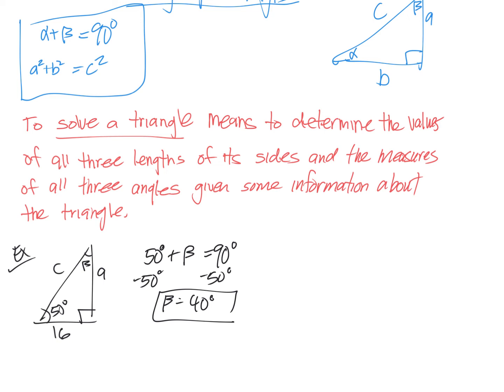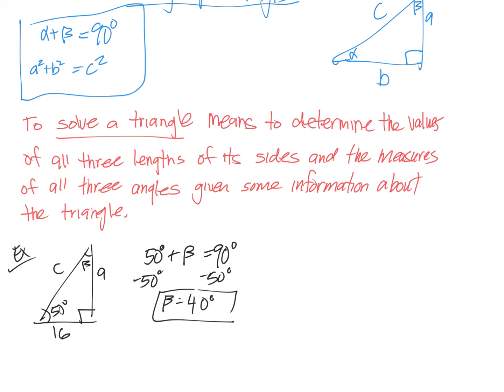So now we know all three angles. One angle is 90, one angle is 50, and beta we just found to be 40 degrees. Make sure that you see that that is a 40 degrees. Now, we need to find all three sides.